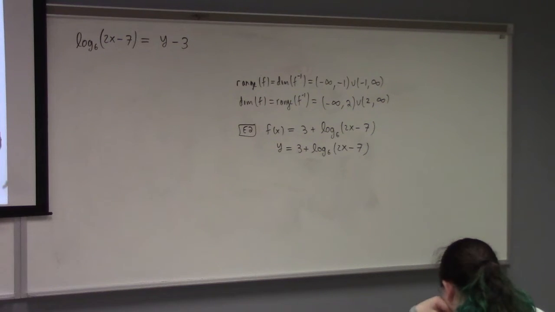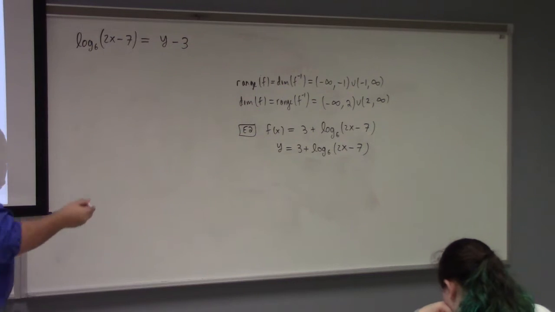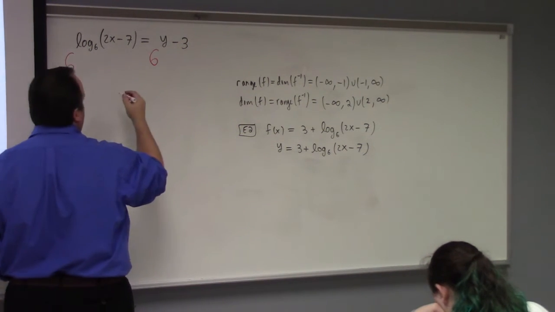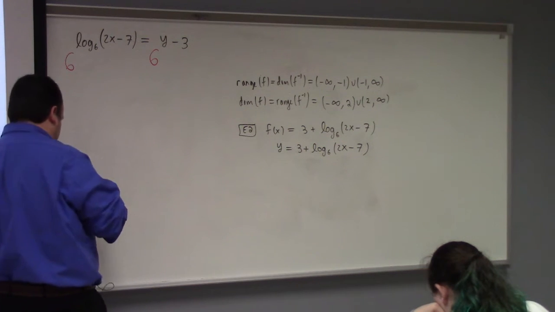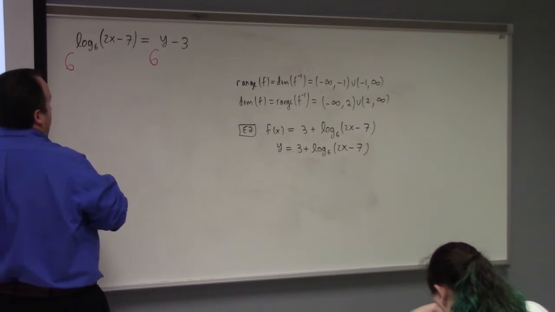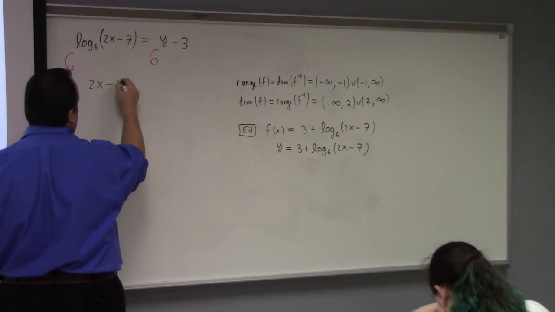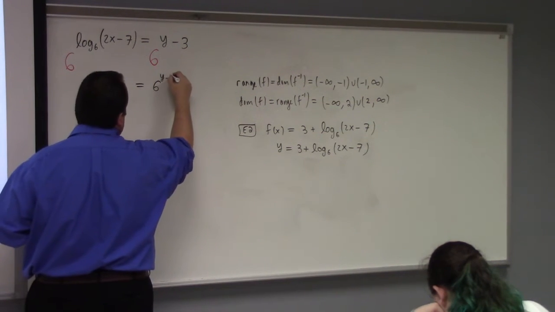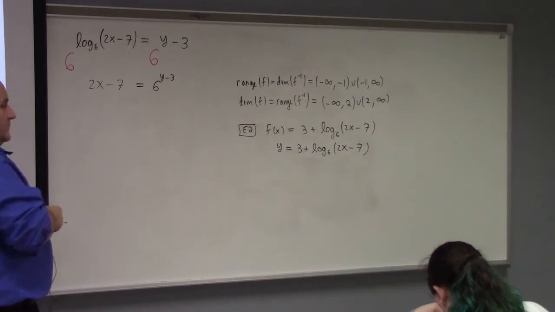Well, the natural enemy of the log is the exponential base 6, right? So all I do is exponentiate both sides like this. 6 to the that is 6 to the that. Now, these are inverse functions, so on the left-hand side, I just get 2x minus 7. On the right-hand side, I've got 6 to the y minus 3, right?